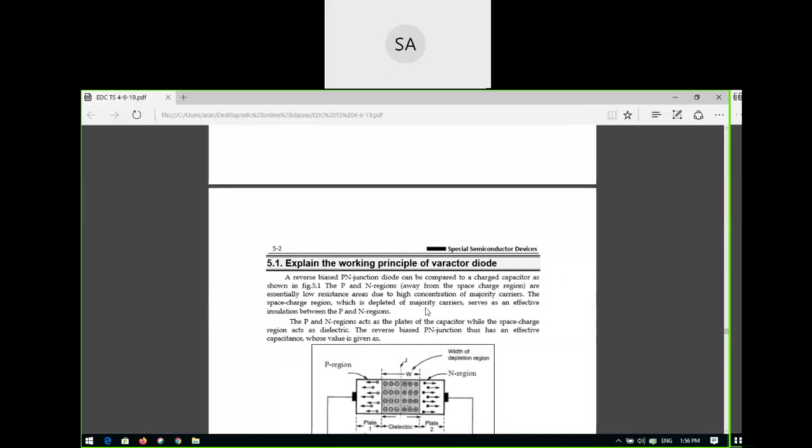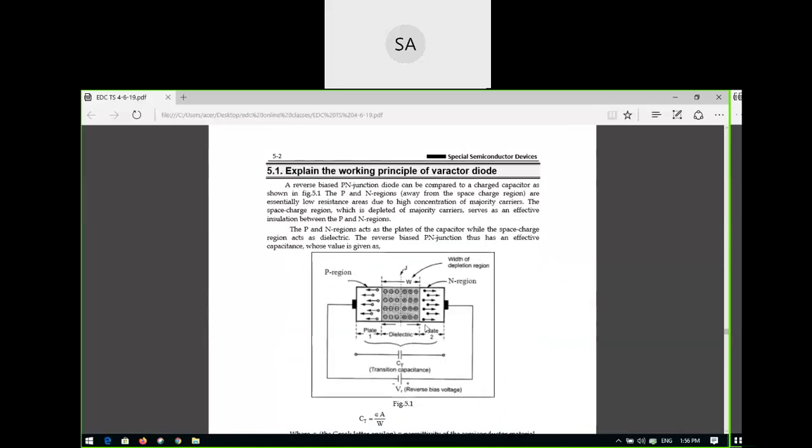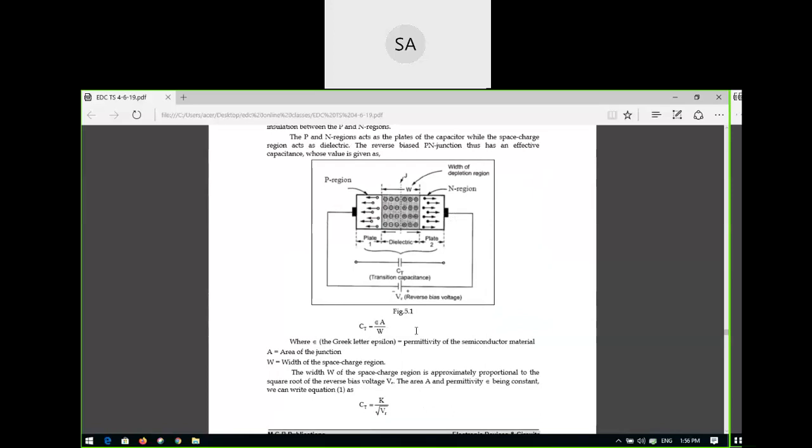So the first one is the varactor diode. The varactor diode is also called a varicap, variable capacitor, or reactor diode. This looks like a PN junction diode, but it is not, because the PN junction diode is used in forward bias as well as reverse bias.